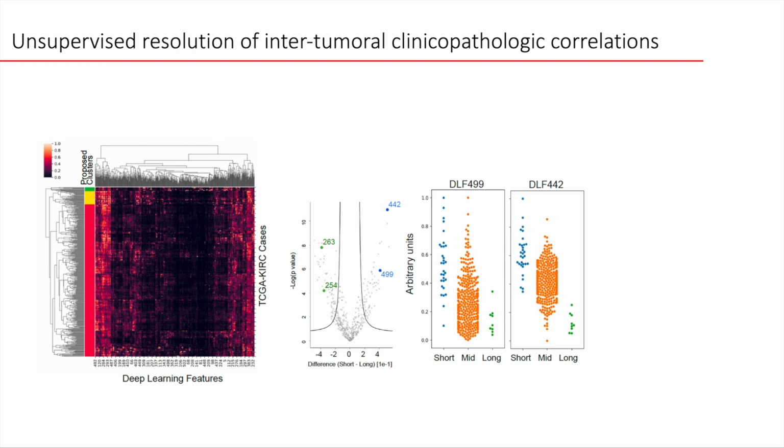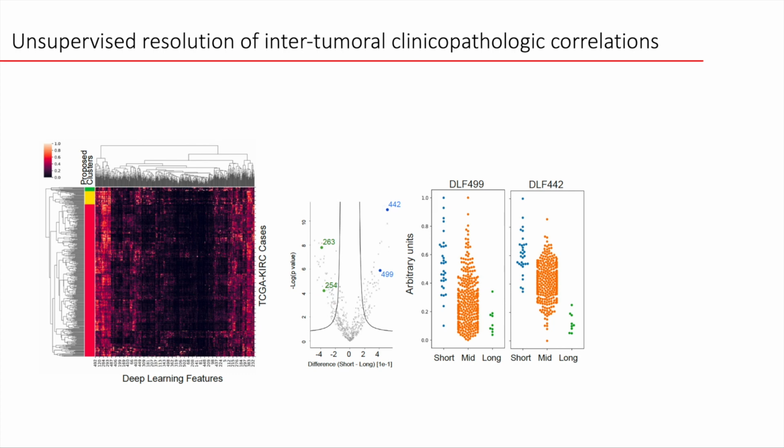So here are four features that we investigated and characterized further. Two that were enriched in the long-term surviving group, 263 and 254, and two that were enriched in the more aggressive red cluster, 442 and 449.